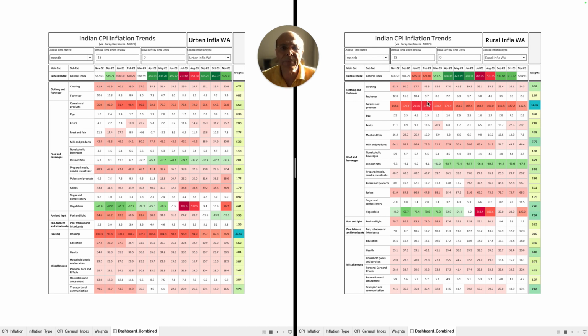The second important observation is about some of the items, for example vegetables. I don't know how to describe this, but the access to vegetables should intuitively be much easier for rural people, right?